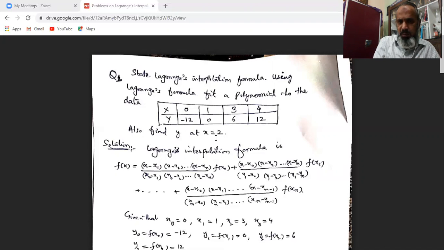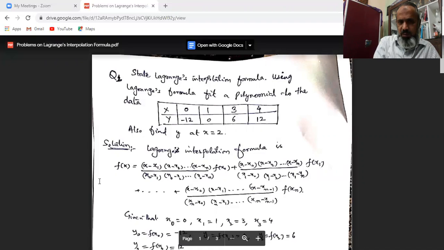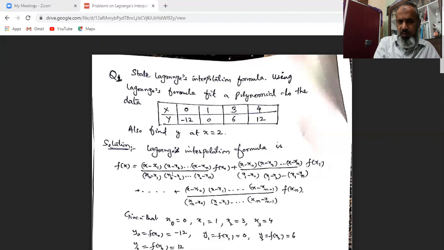So the Lagrange's interpolating formula is f of x is equal to x minus x1, x minus x2, x minus x3, up to x minus xn, divided by x naught minus x1, x naught minus x2, up to x naught minus xn, into f of x naught. In the first term, we are using f of x naught, and in the numerator, the x minus x naught factor is absent.